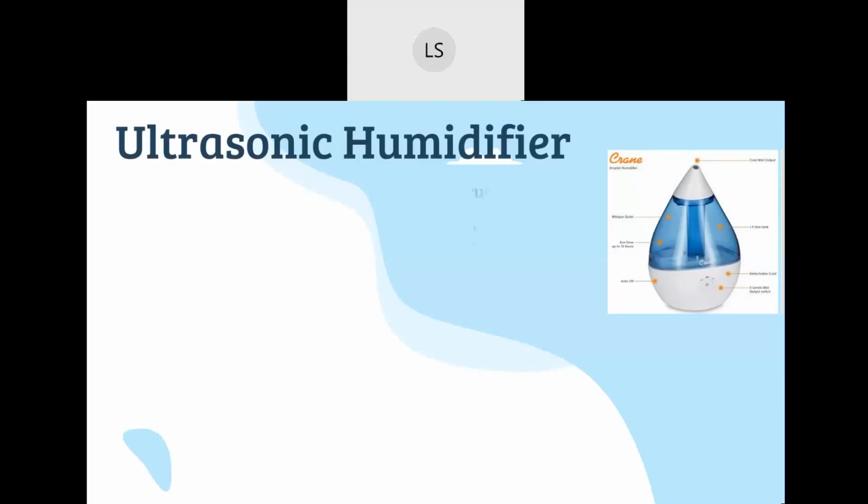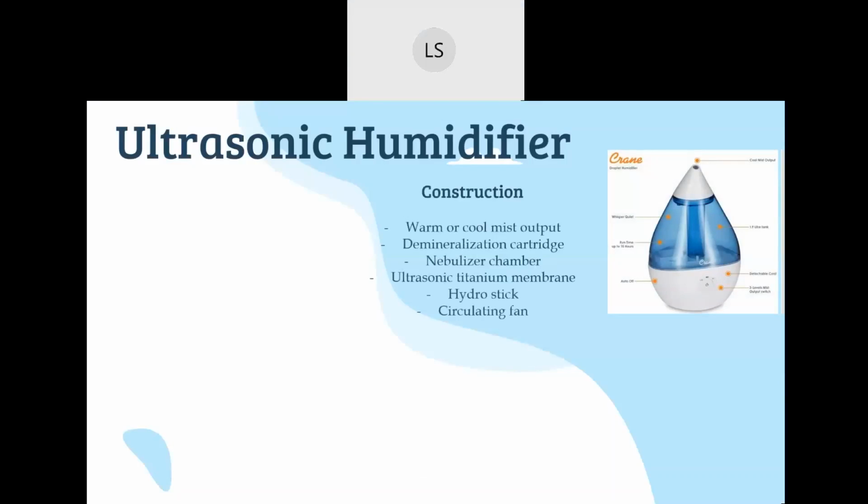Now for the equipment related to humidification, which is the ultrasonic humidifier. The construction of the ultrasonic humidifier consists of a cool mist output, demineralization cartridge, nebulizer chamber, ultrasonic titanium membrane, hydrostatic and circulating fan.